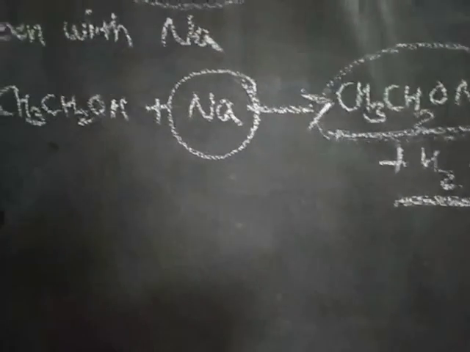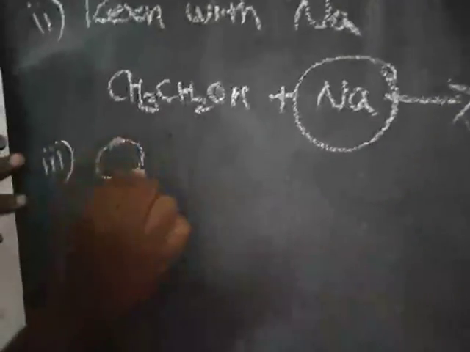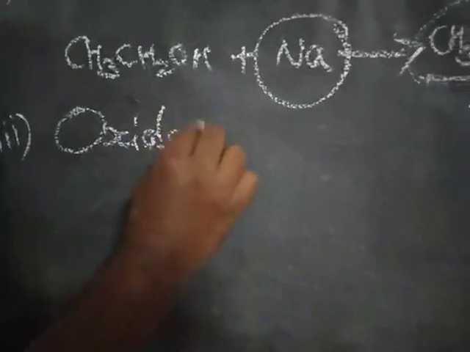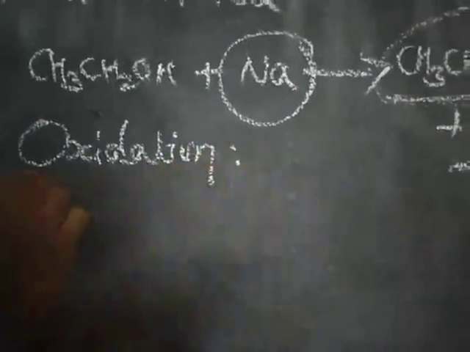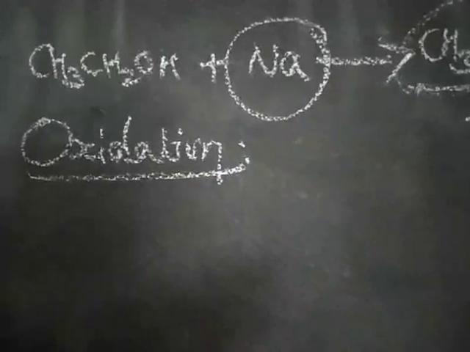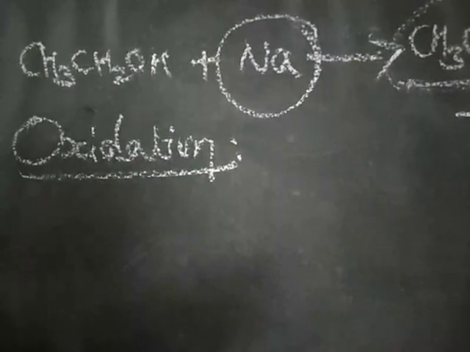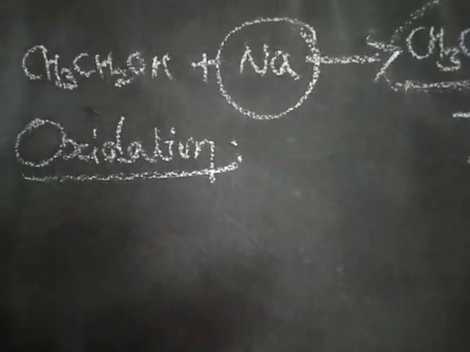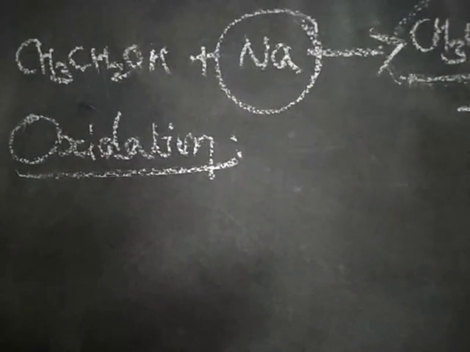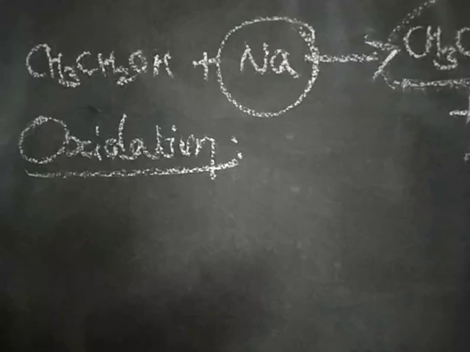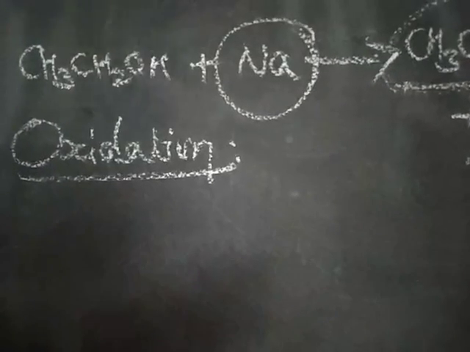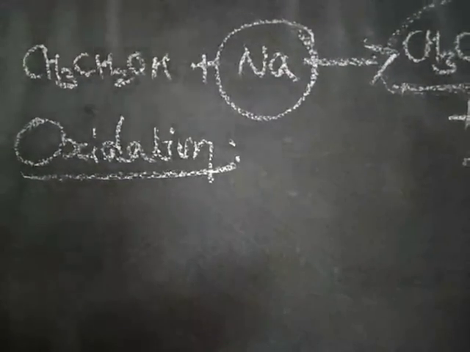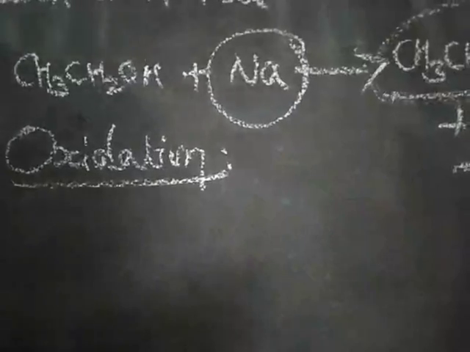Third one, oxidation reaction. What is meant by oxidation? Addition of oxygen, removal of hydrogen, loss of electrons. Ethanol is oxidized to ethanoic acid with the help of alkaline KMnO4 or acidified potassium dichromate.